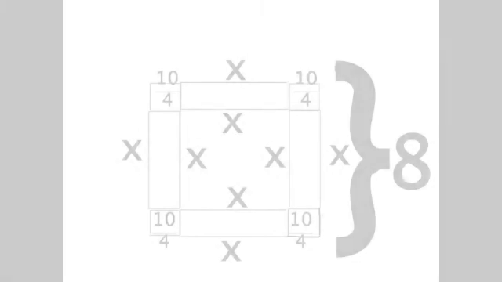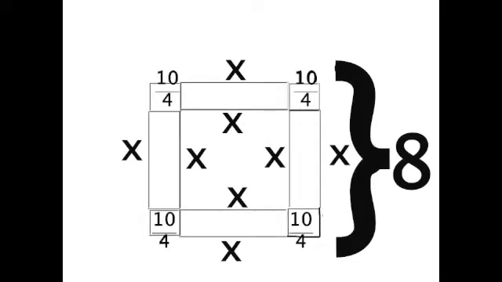Then, to make the figure a square, he filled the remaining area with 4 squares, 10 fourths by 10 fourths. Each square then had an area of 25 fourths. Since there were 4 squares, they added up to an area of 25. 39 plus 25 equals 64, so the big square had an area of 64.